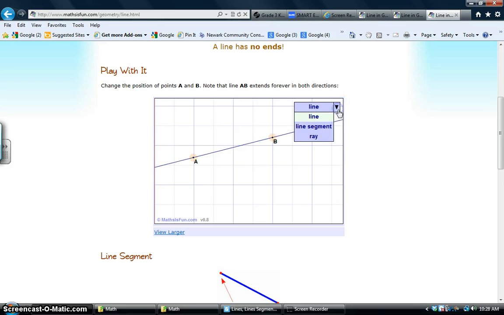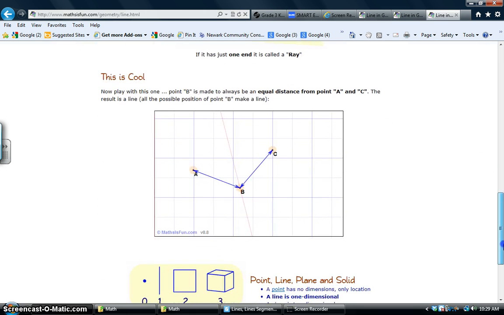Here you have a line segment, and a ray, and you can see the difference between the three. And down here, you can play around with this. If you move point C and point A, and it's just fun, point B will always be the same distance away. It is made to always be an equal distance from point A and C. The result is a line.